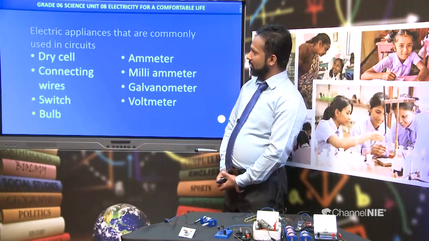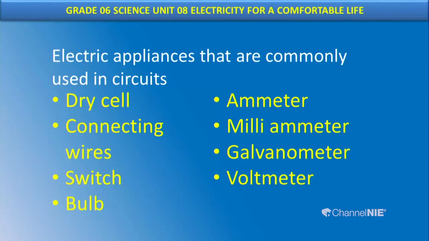First of all, dry cell. You can remember what is the dry cell. In the previous lesson also you studied about dry cell. Second one, connecting wires. Third one, switch. We have to use switches when making circuits.